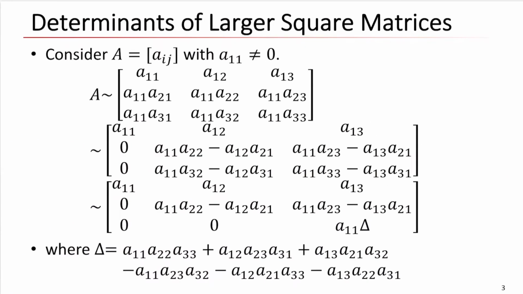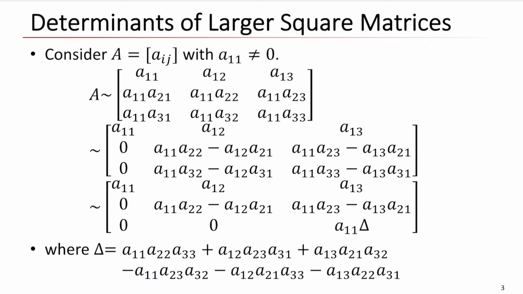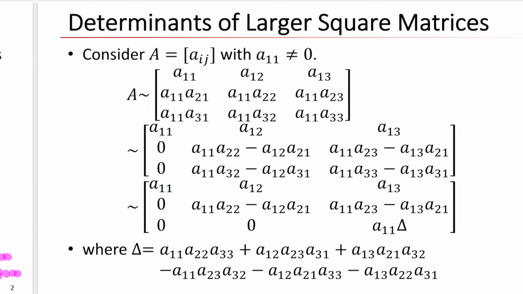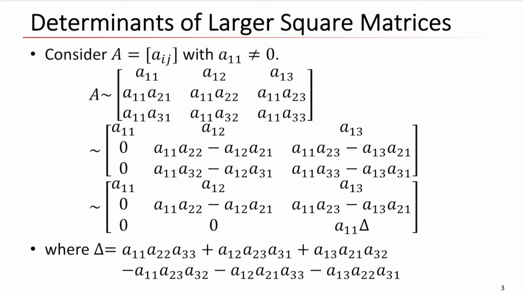Okay, so this is the 2 by 2 matrix case. Let's think about the 3 by 3 matrix case. Let's say we have a matrix A, something like A11, A12, A13, and A21, and so on, a 3 by 3 matrix.